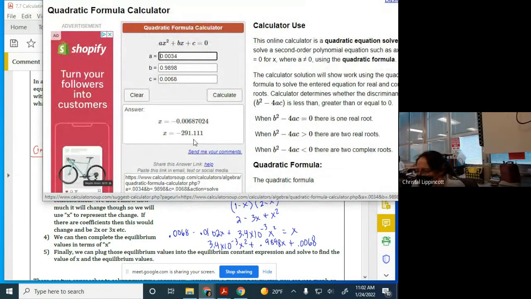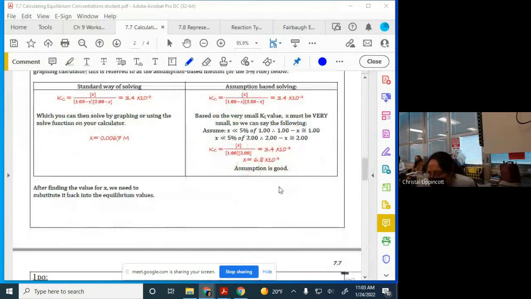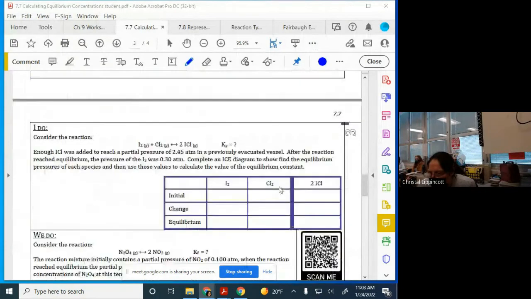You can't take that much away from one. We didn't start with that much. So that one's gone, which means only one of these is a rational or clear answer. But we came up with the same amount. All right, so there is the assumption rule.